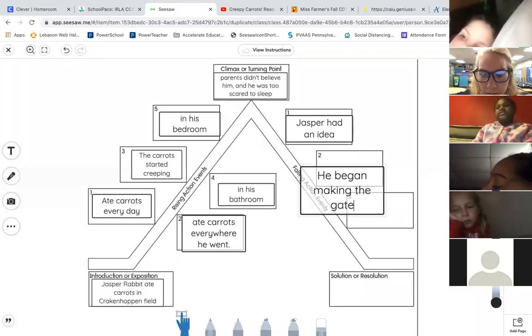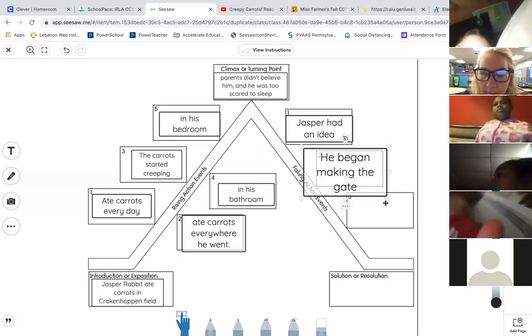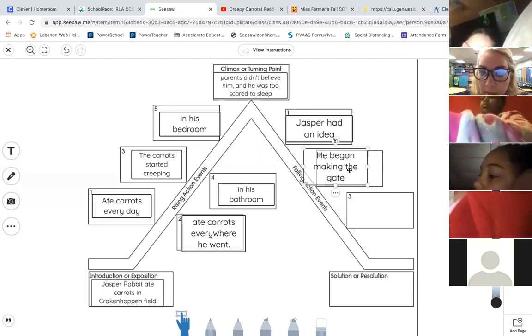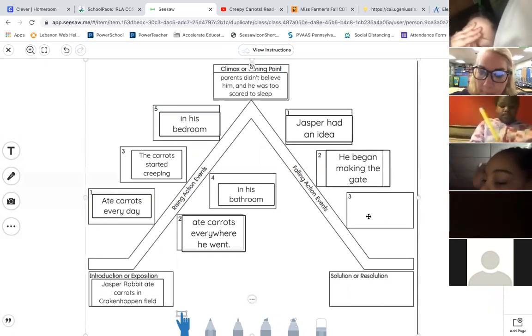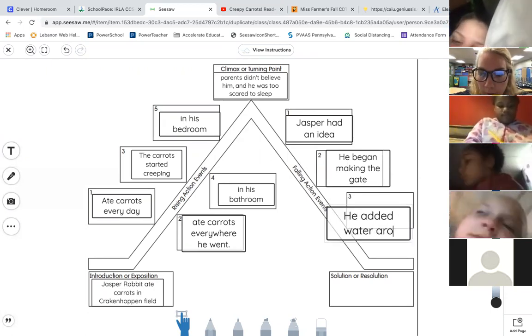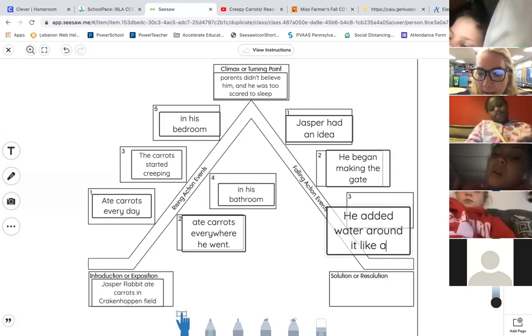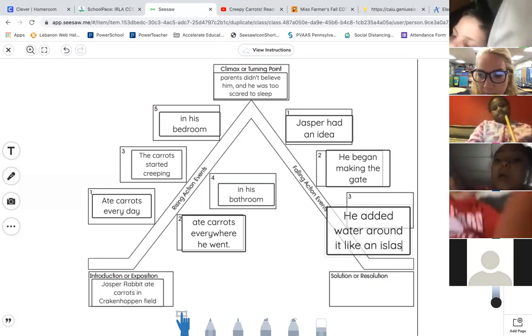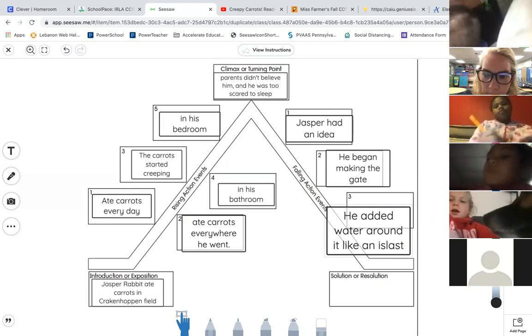He dug a hole around it, then added the water around it, right? So we'll say he began making the gate, he added water around it. Oh, you guys, like an island.